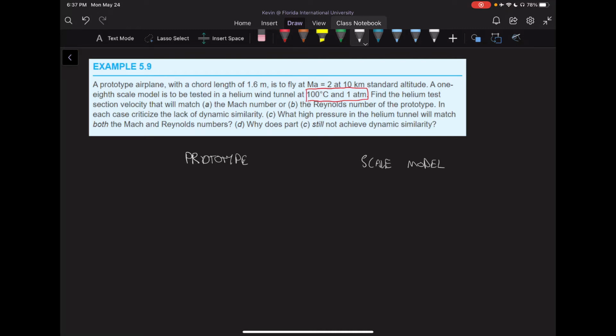So how are we going to do that? Well, we're going to try to figure out that the Mach number for our prototype should be equal to the Mach number for our model. That's our goal. And since Mach outside is equal to 2 in our prototype, we assume we have compressible flow.